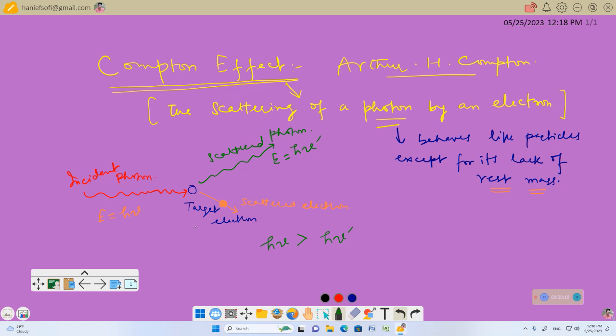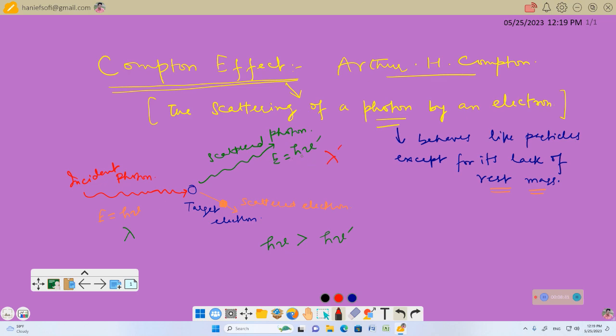Now, if lambda is the wavelength of the incident photon and lambda prime is the wavelength of the scattered photon, we know frequency and wavelength are inversely proportional.